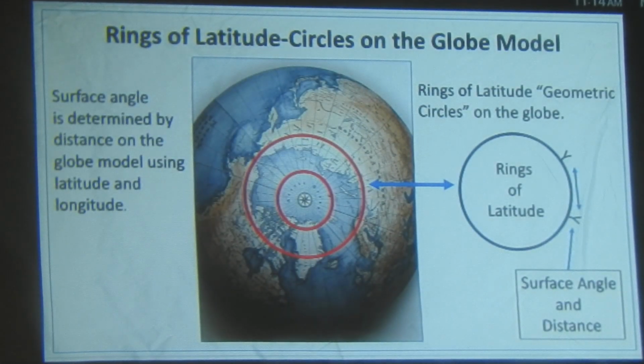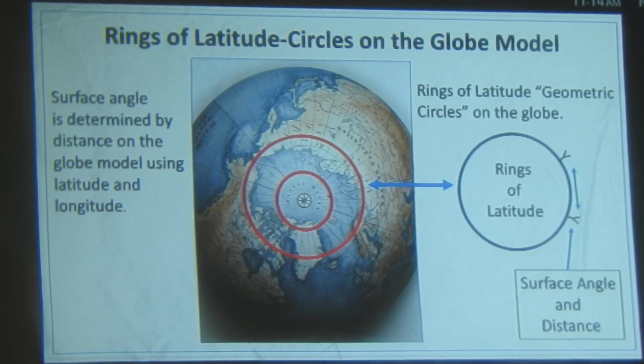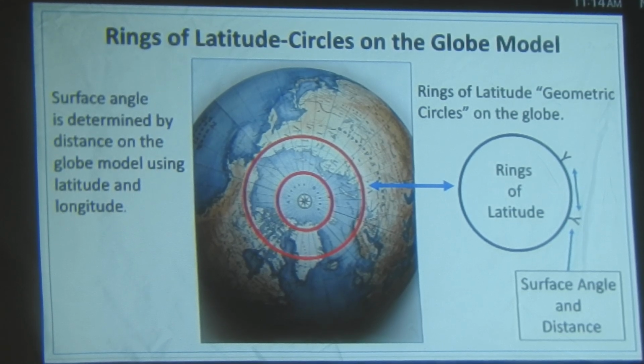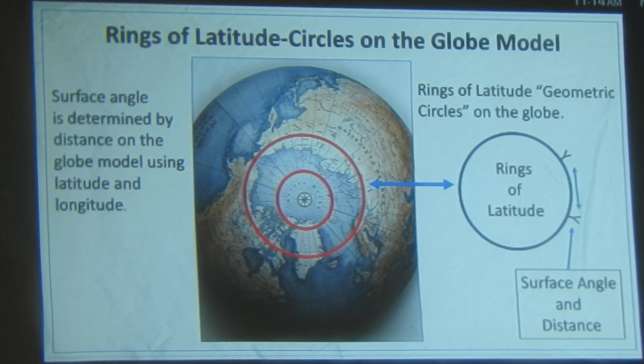The rings of latitude, and really when we talk about surface angle, it is determined by distance on the globe using the latitude and longitude, those squares on the globe model as we're showing here. I just highlighted 2 rings there in red. And these rings of latitude, when we're using the globe model, surface angle and distance equate to each other.